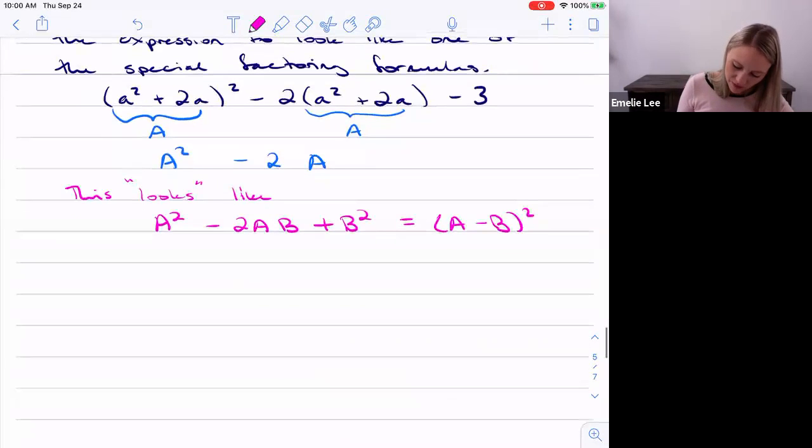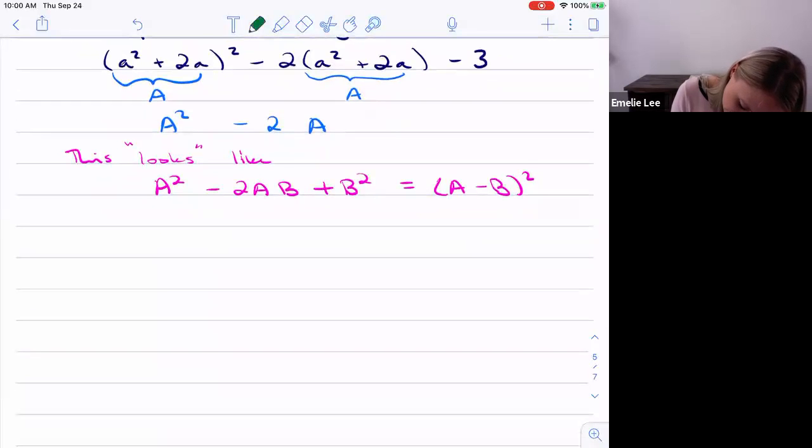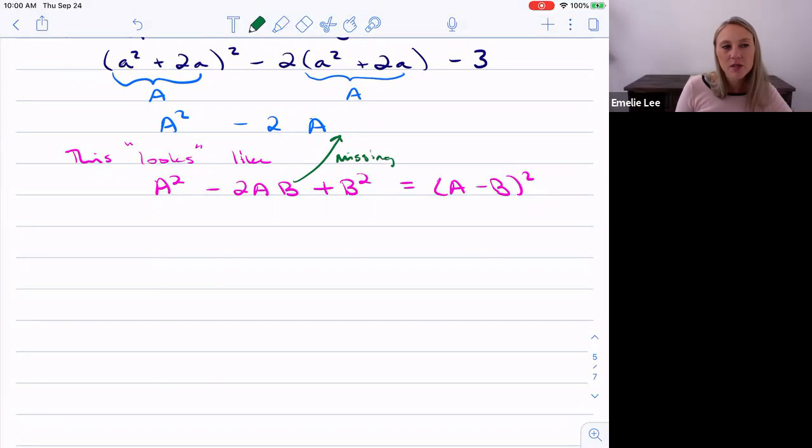So if we can just figure out what b is here to get this whole thing, then we can easily rewrite it as (a minus b) squared. Easier said than done, right? Because what I need here is, I'm missing a b. I've got the minus 2a, but I'm missing a b, right?